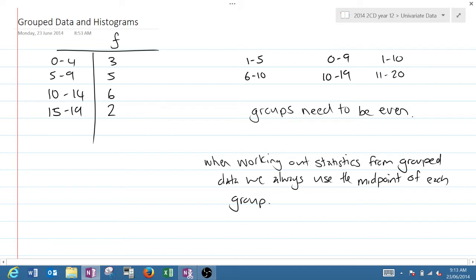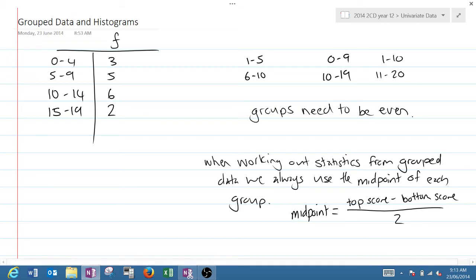Now the midpoint is the top score plus the bottom score divided by 2. So it's just the average of your range in each group.